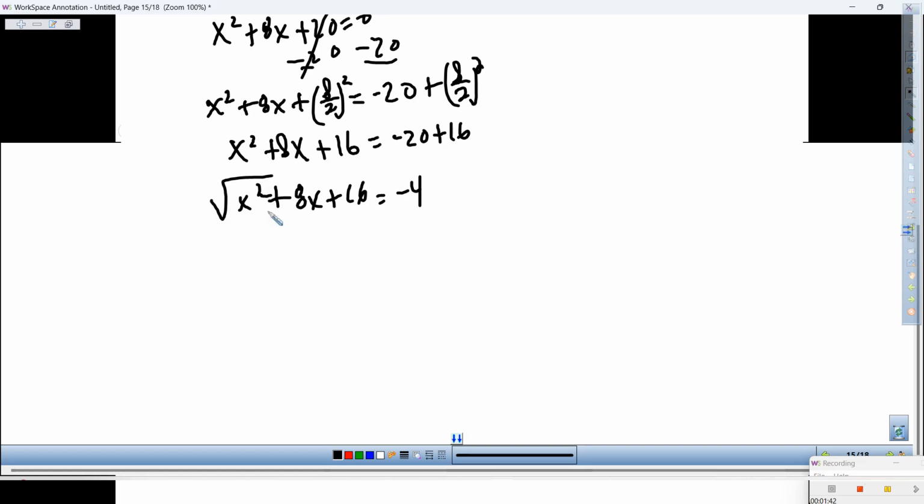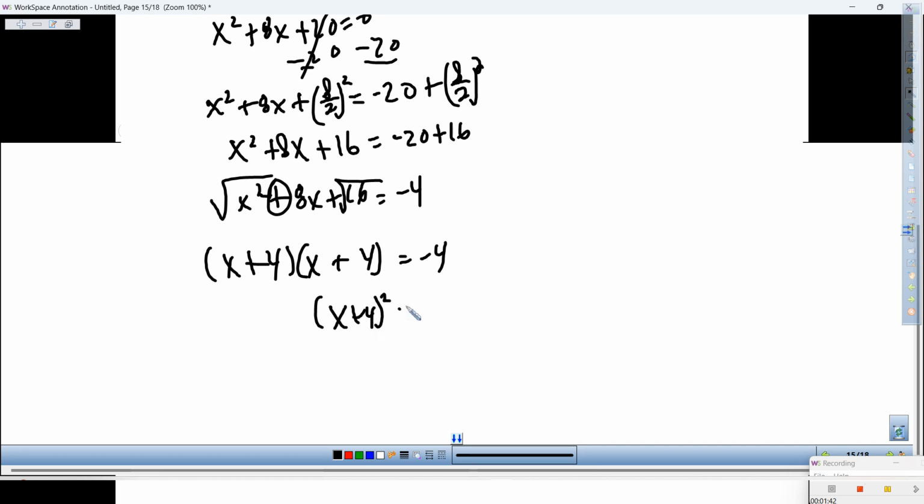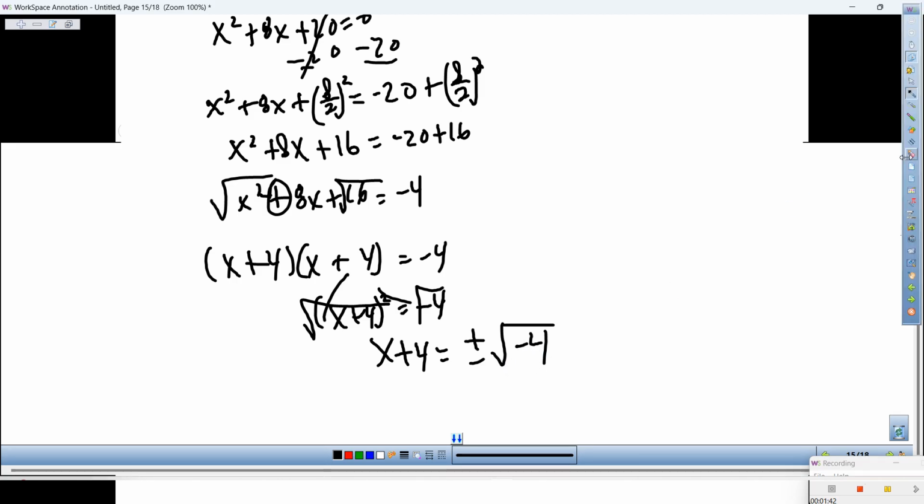From there, square root. The middle sign, x plus 4 squared equals negative 4. So far so good, yeah? Square root, we end up with x plus 4 equals plus minus square root of negative 4. But wait a minute, Mr. Q, I can actually find that. So, let me write it underneath.